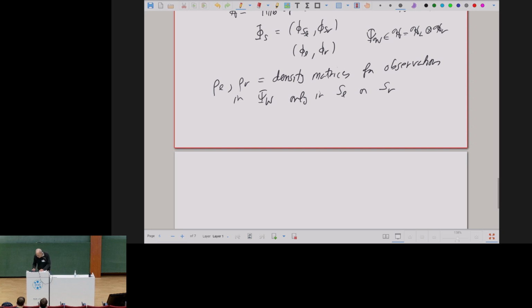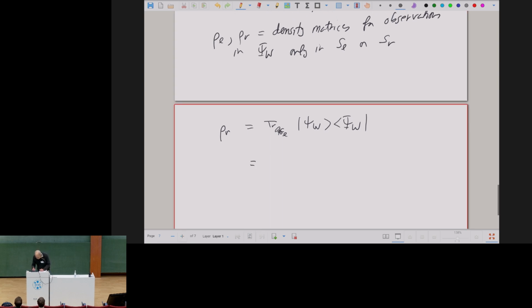So for example, what is rho R? Well, to construct rho R, we take the trace over H left of the pure state density matrix of the state psi W. That's the definition. So it's 1 over Z times the trace over H left of the pure state density matrix of the unnormalized state.